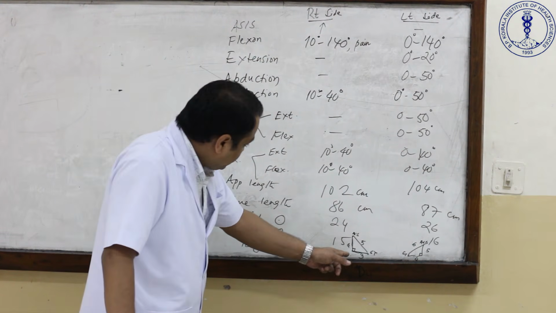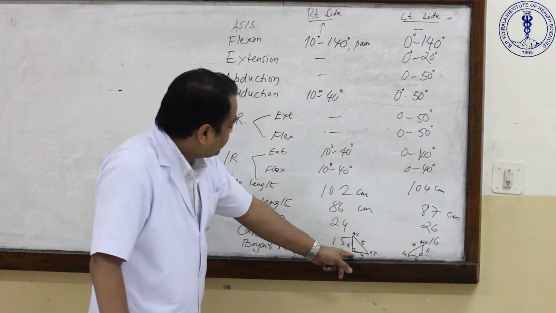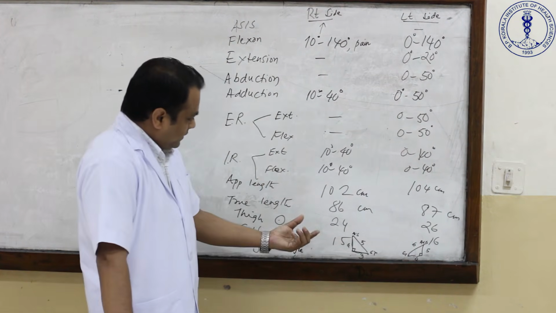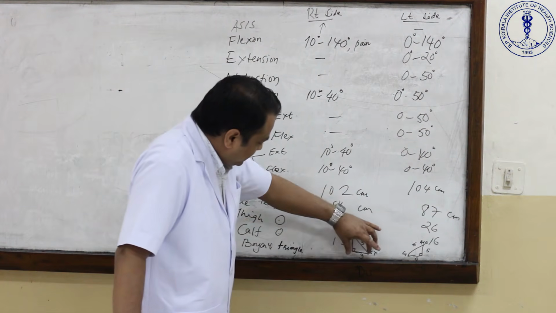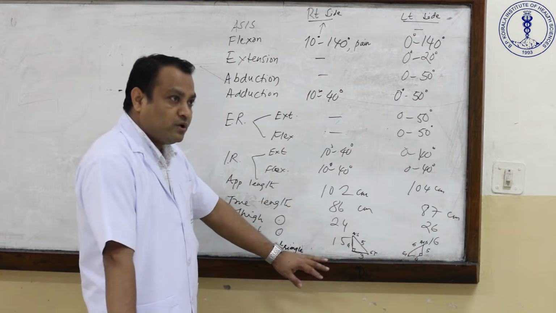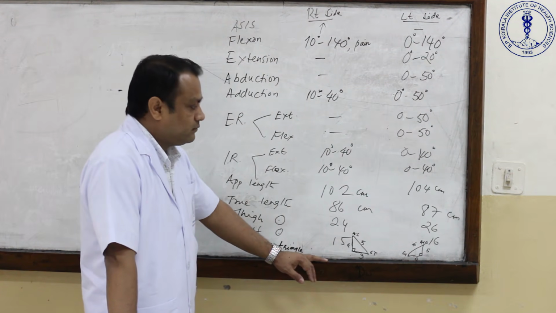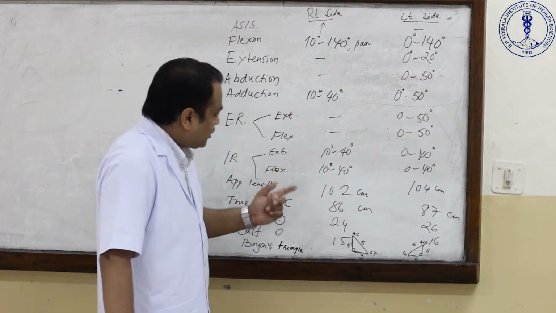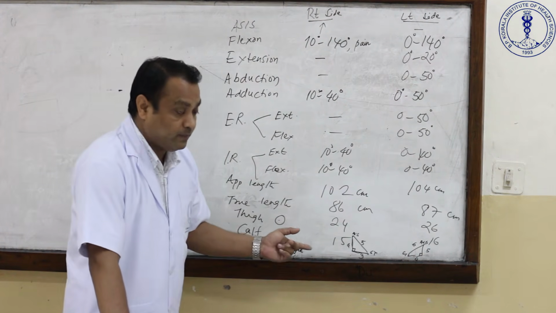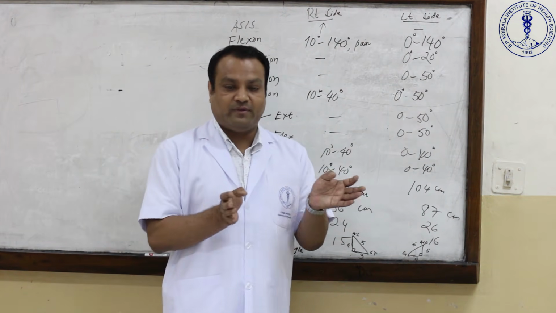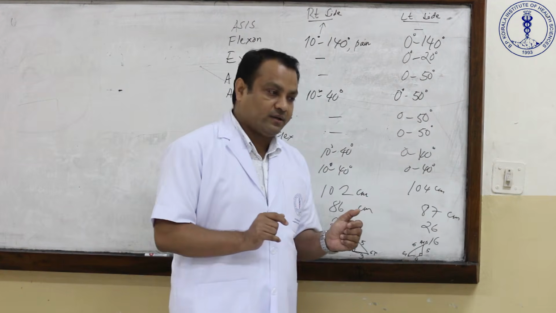Now next, see the Bryant's triangle here. The base of Bryant's triangle was 3 cm on the right side and 4 cm on the left side. This base of the Bryant's triangle denotes the true supratrochanteric shortening. You can see there is 1 cm of true shortening in the right lower limb. It may arise from the femur and tibia, and in the femur maybe from supratrochanteric or infratrochanteric.